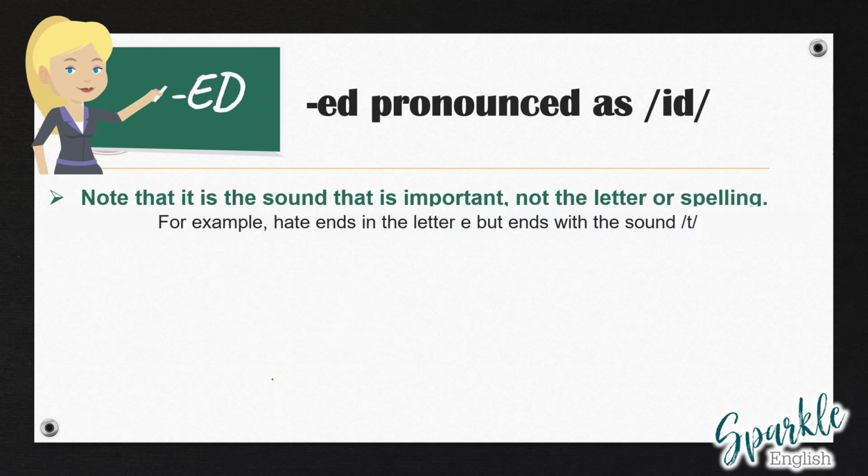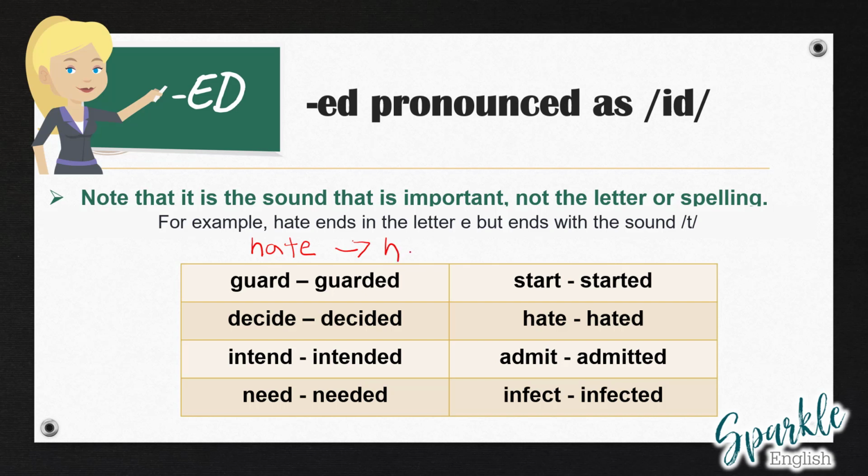But there is something important to note. It is the sound that is the most important thing, not the letter or the spelling. The ending sound is the most important thing. So for example, hate, it ends with the letter E, but ends with the sound T. So hate becomes hated because it ends with the sound T, not E, okay?